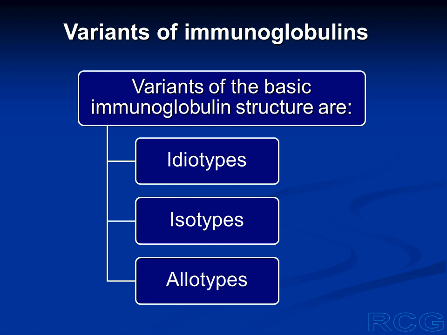The basic structure of the immunoglobulin molecule can exist in the form of a number of variants, and these variants include idiotypes, isotypes, and allotypes.